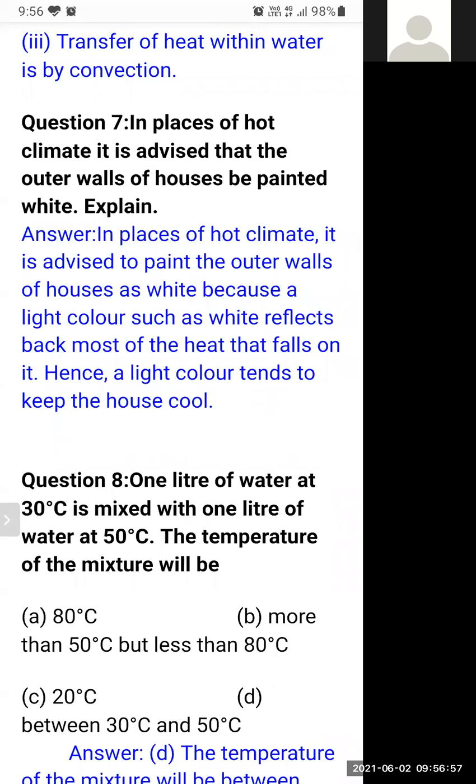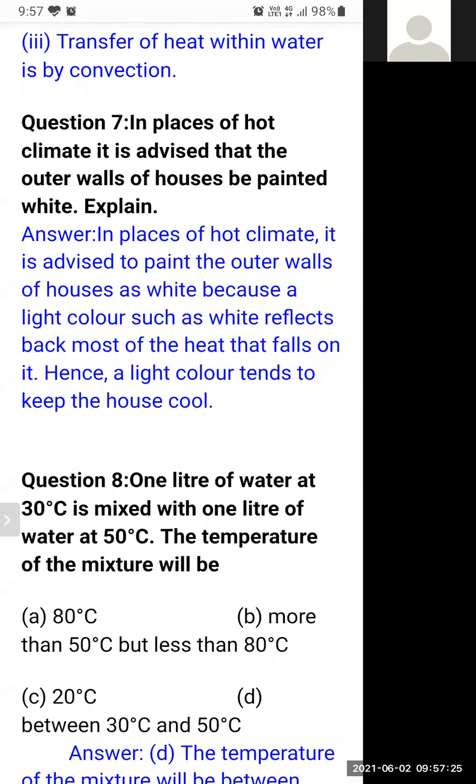So how can we make the inside of our house cool? We can simply paint the outer wall of our house with a light color paint or white color paint, because white or light color paint reflects most of the heat that falls on it. So it keeps the house cool inside.